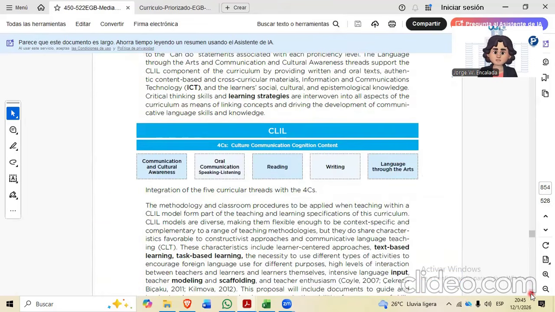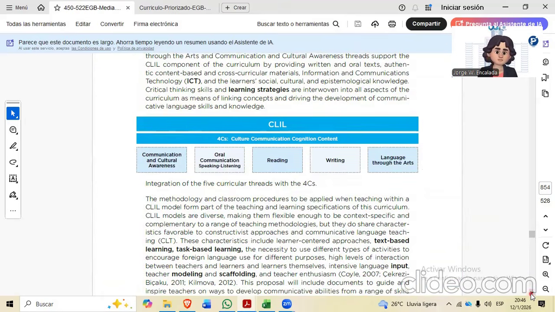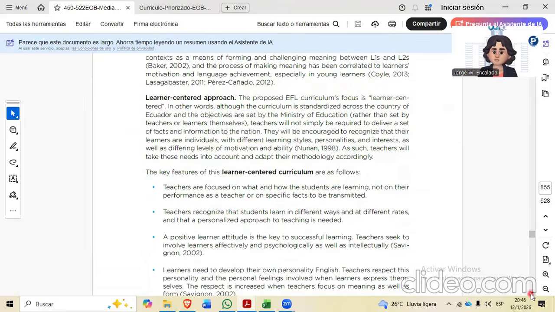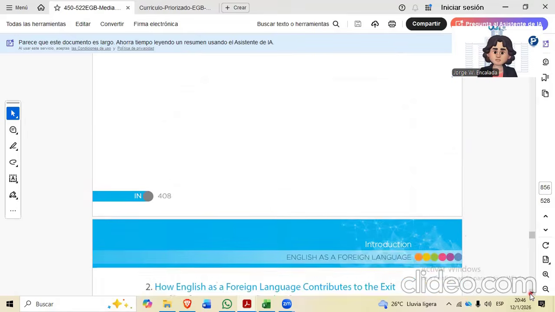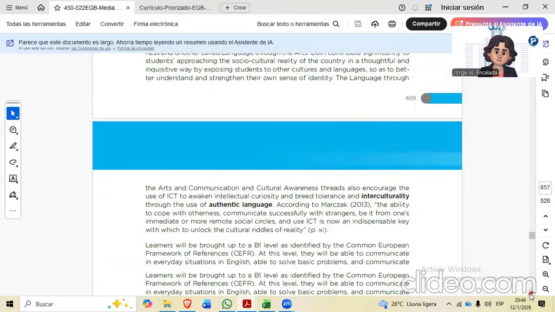In the second partial, in the theoretical part, we are going to review the different core assumptions of CLIL, and in that way, you are going to understand better how the CLT is reflected into this program. The same thing with the 4Cs framework for the CLIL in this case.